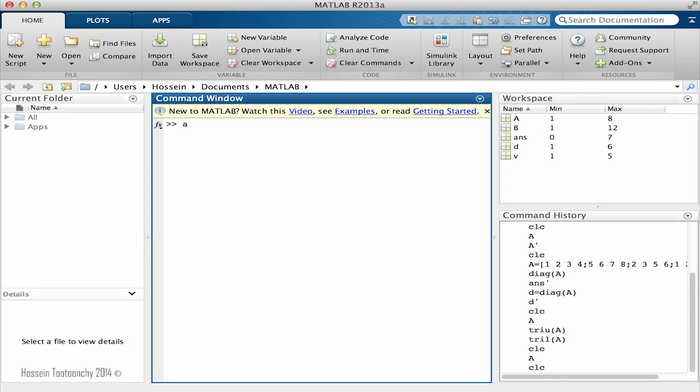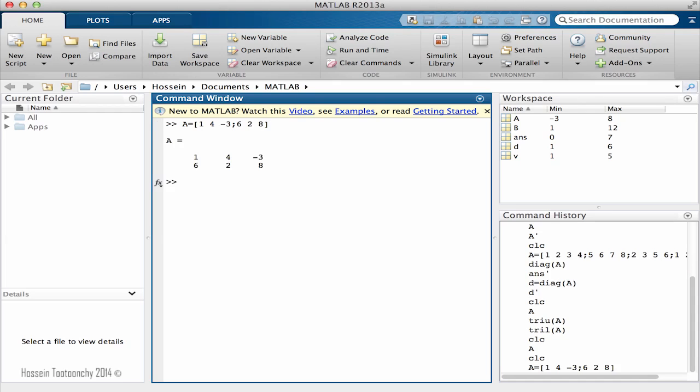Let me create a matrix. Let's call it A equals 1, 4, -3, and the other row is 6, 2, and 8. Okay, so I created a matrix like that.